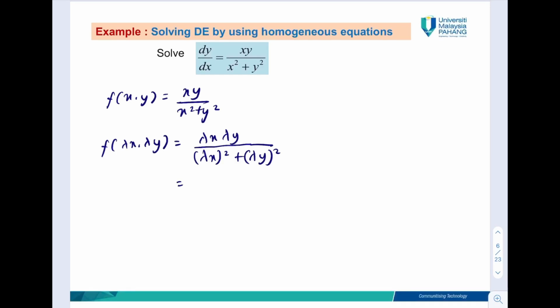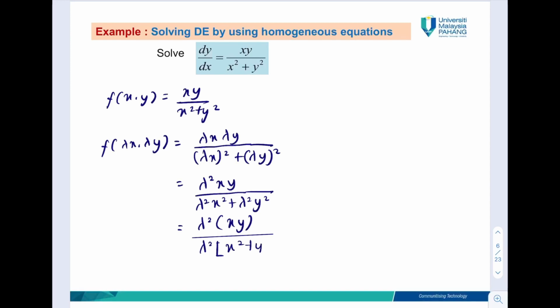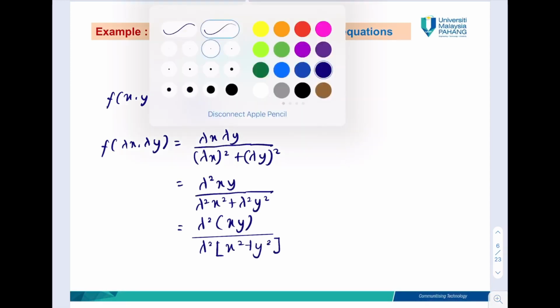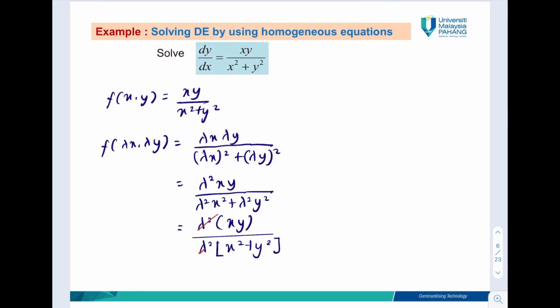We will expand and we will have λ squared xy divided by λ squared x squared plus λ squared y squared. So we factorize out the λ squared. As I can see, we have λ squared for the numerator as well as the denominator, so we can cancel out the λ squared over here.